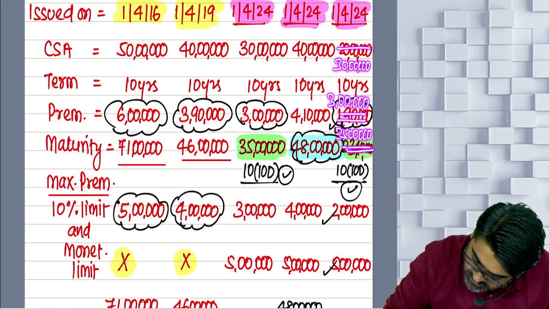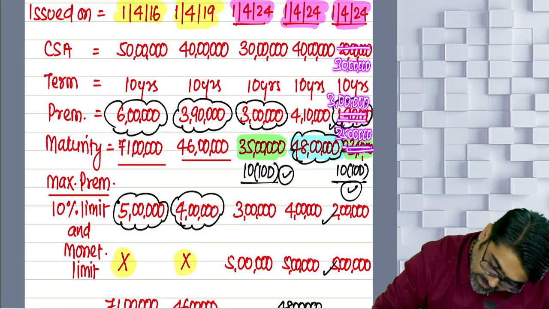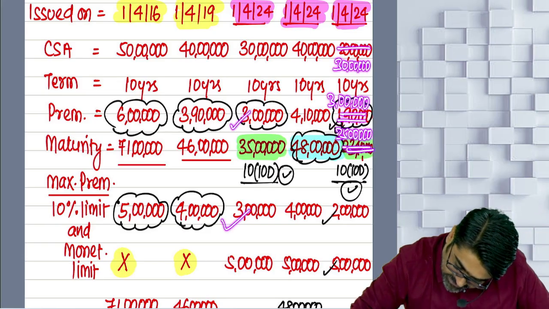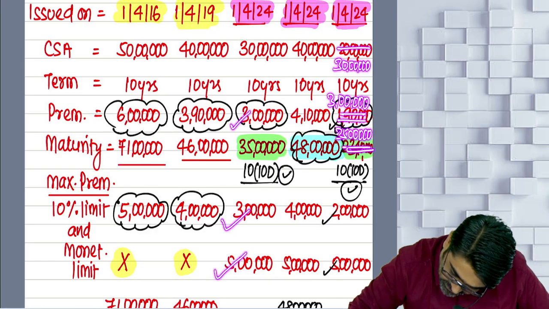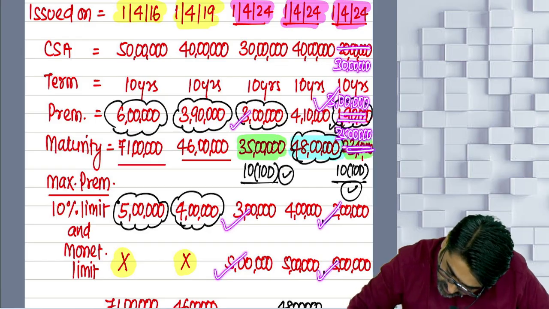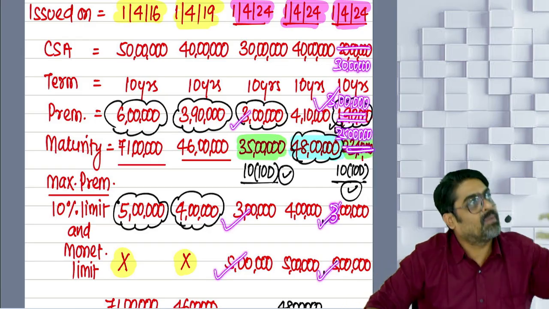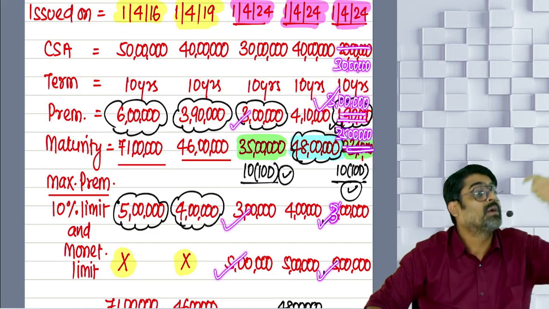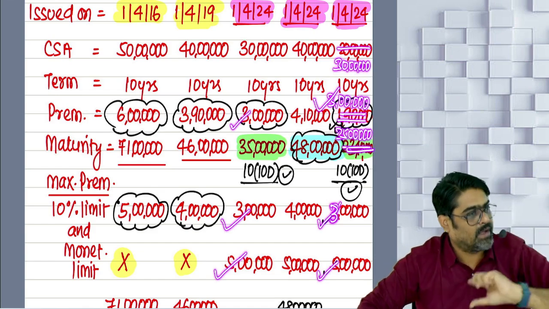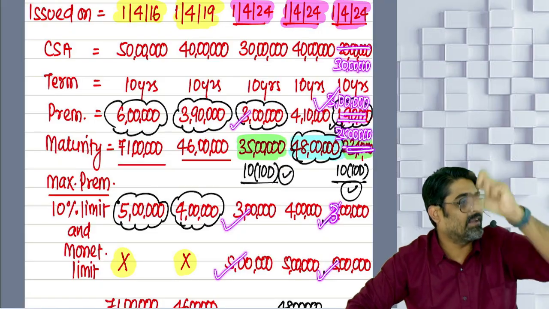Now tell me, is the annual premium within the percentage limit and monetary limit? Yes, because here also the percentage limit will be 3 lakhs. Individually both are eligible.